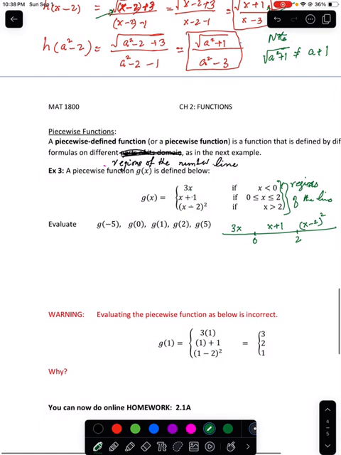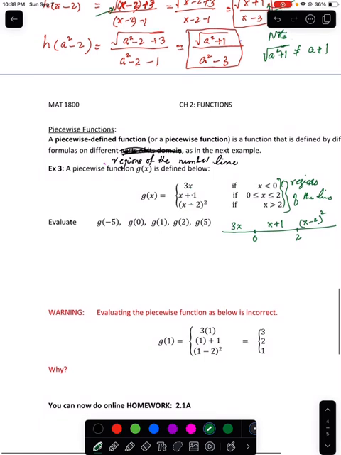So g of -5 equals, so you can see -5 will be in the first region over here. So the function that we will use is 3x. We will not put here 3x, but we will just say 3 times -5, which is equal to -15.